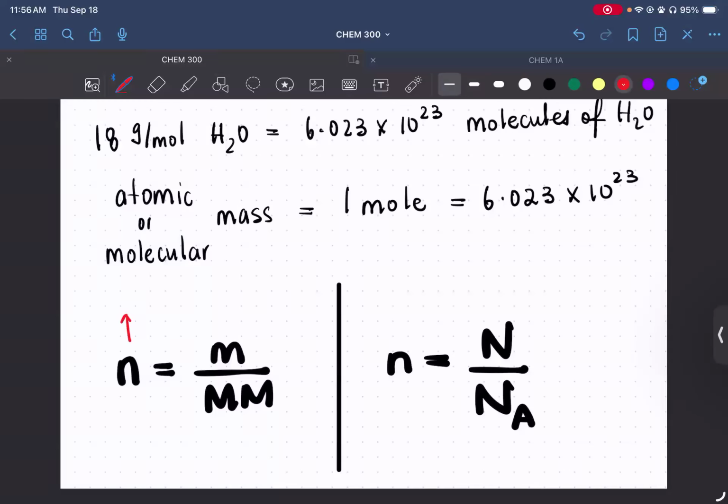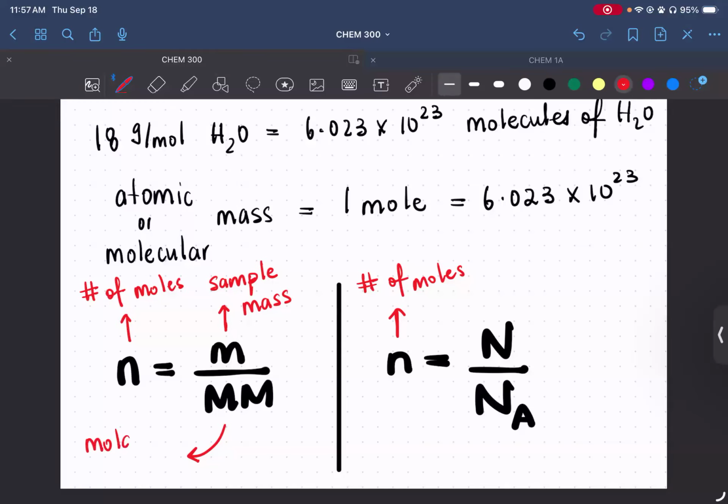The letter n refers to the number of moles of a substance. Lowercase m is the mass of the sample. MM is the molar mass.